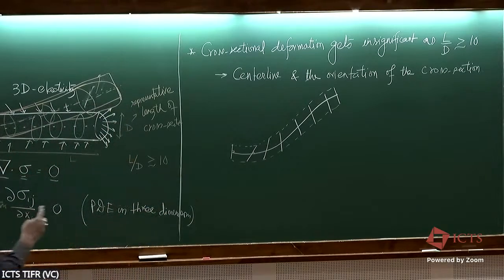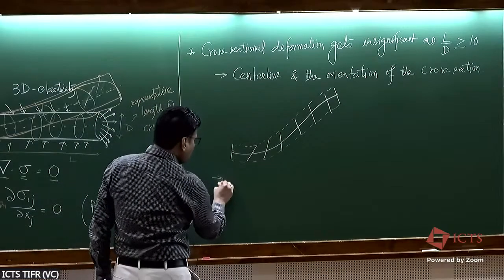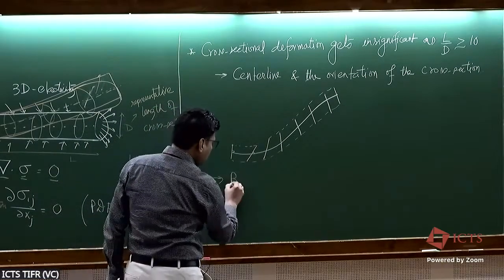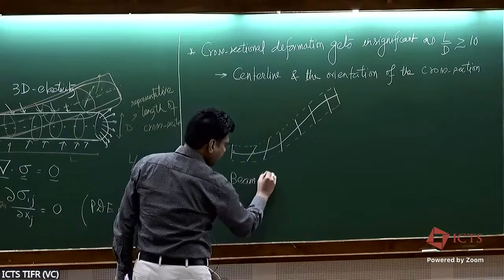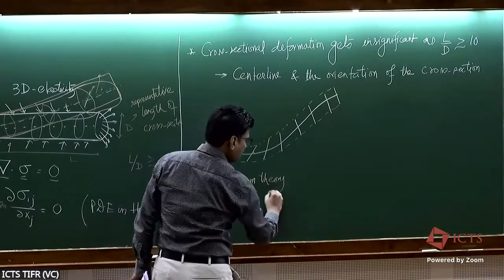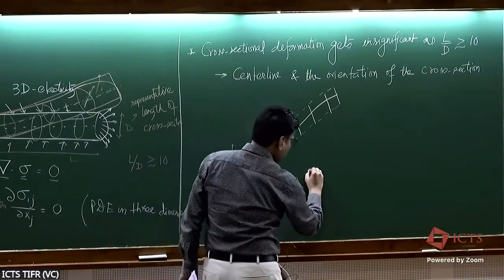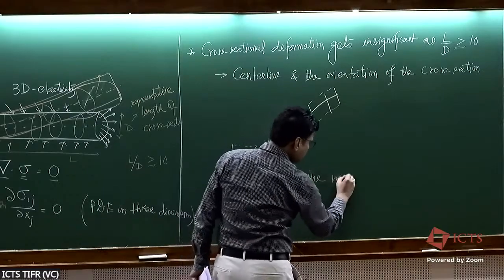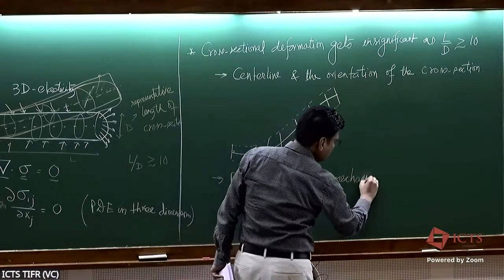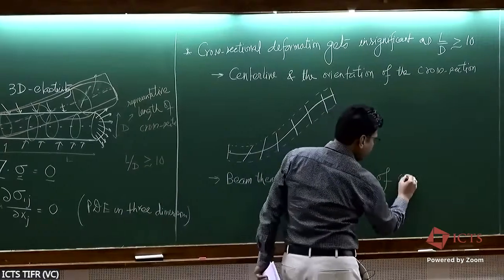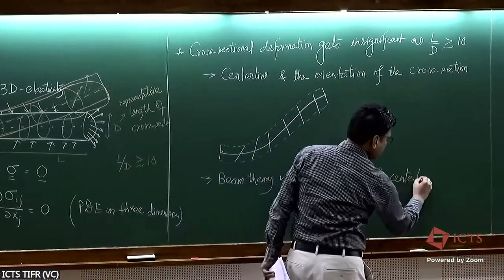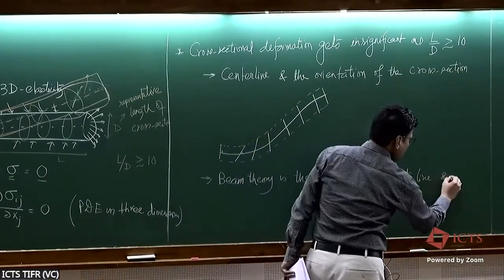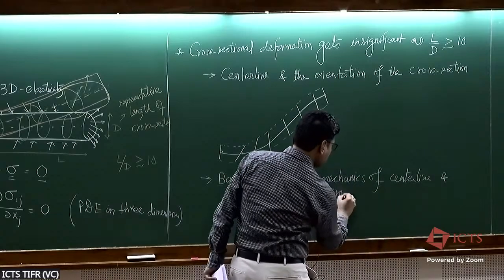So in that way, one could say that beam theory is the mechanics of center line and cross-sectional orientation.